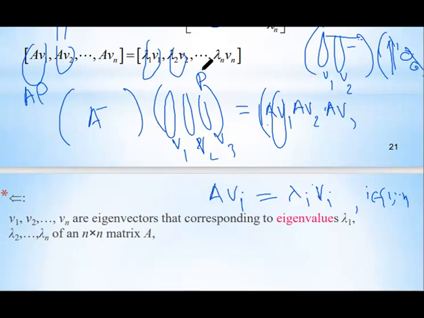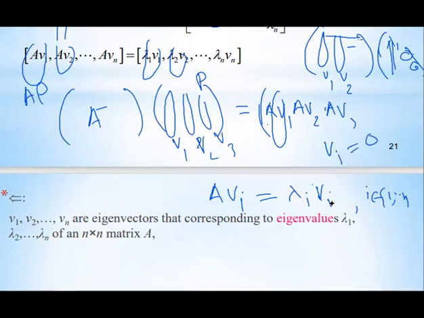So here P is invertible, right? So if one of these columns is equal to a 0 column, what happens? It is not invertible, because if one of these vi's is equal to a 0 column, that means one column is equal to 0.